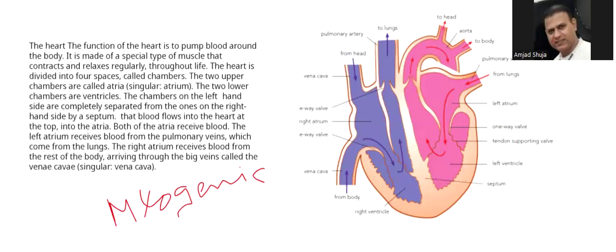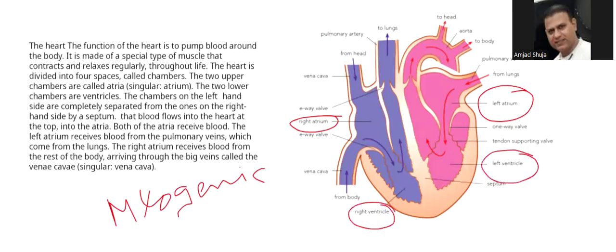So on your right hand side, you should write in the diagram left atrium, and on your left side there's the right atrium, and atria are the small chambers, and below the large ones are the ventricles, right ventricle and left ventricle.